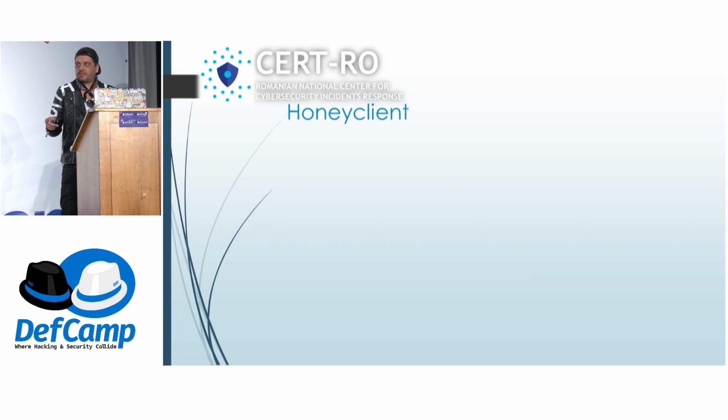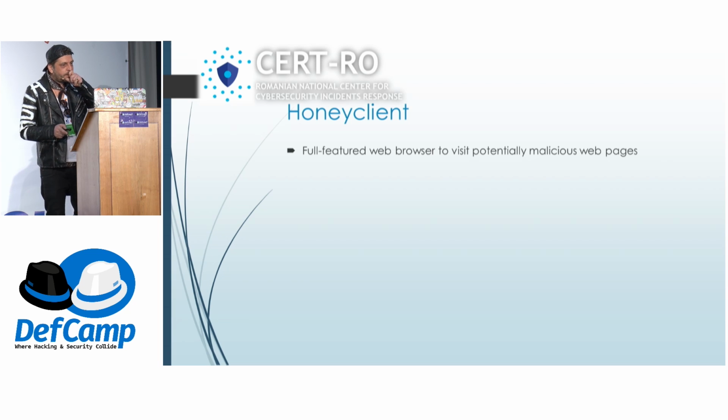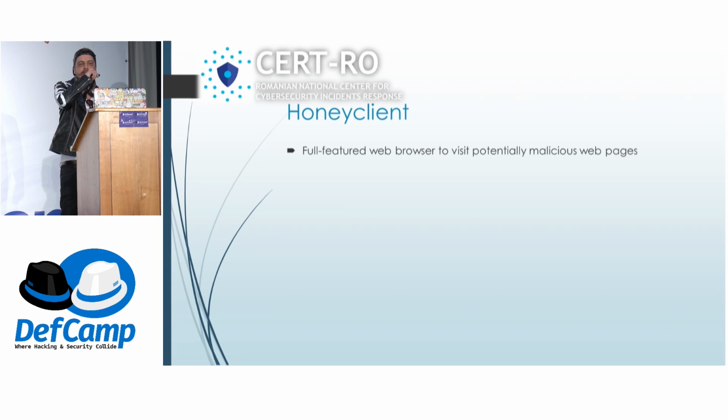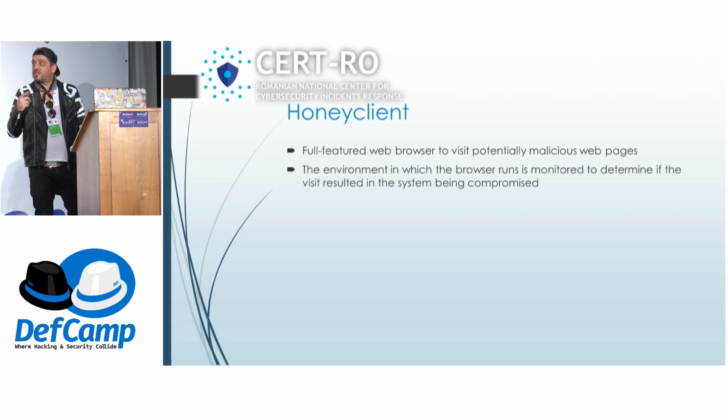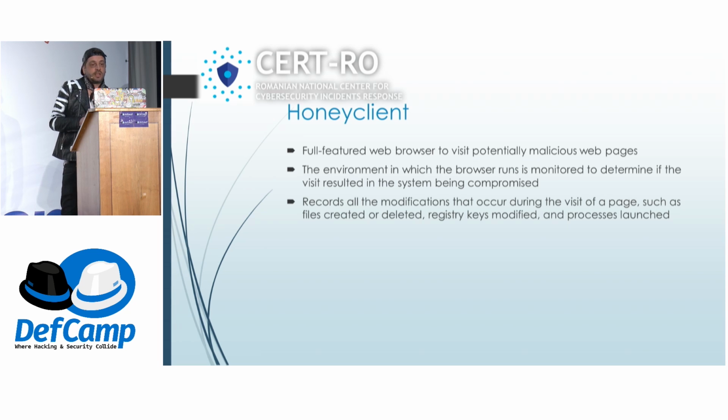What is a Honeyclient? A Honeyclient is a full-featured web browser used to visit potentially malicious web pages. The environment in which the browser runs is monitored to determine if the visit resulted in the system being compromised.